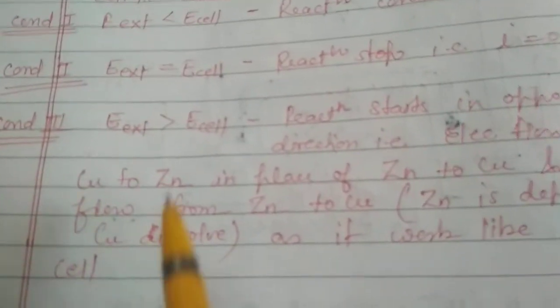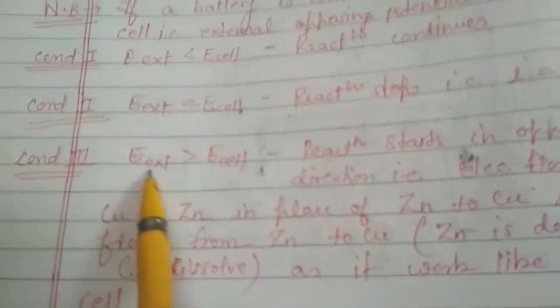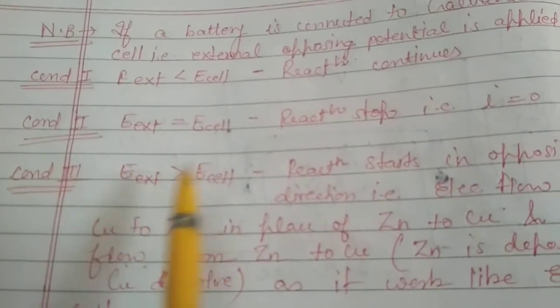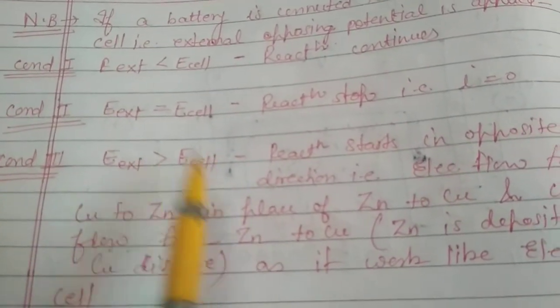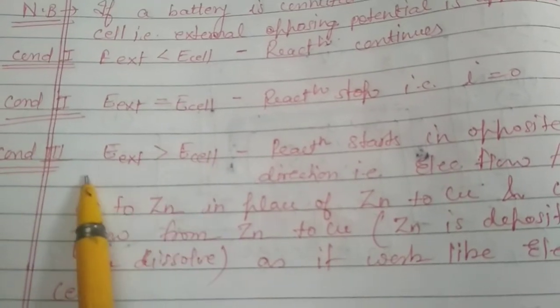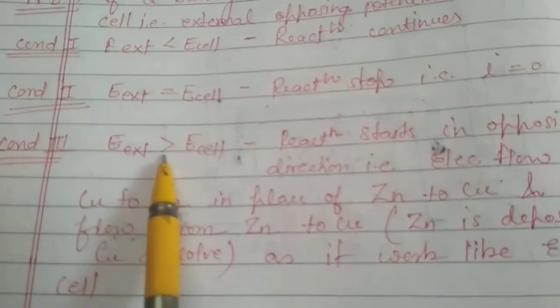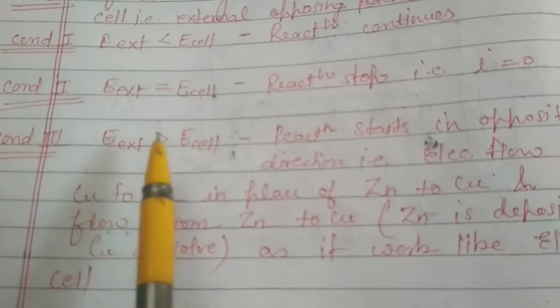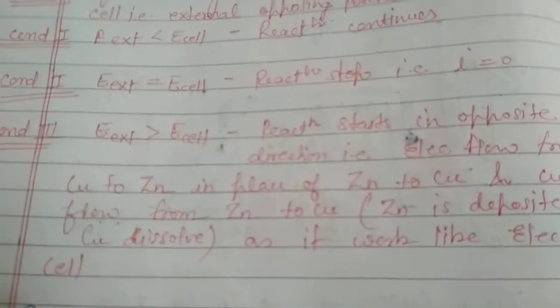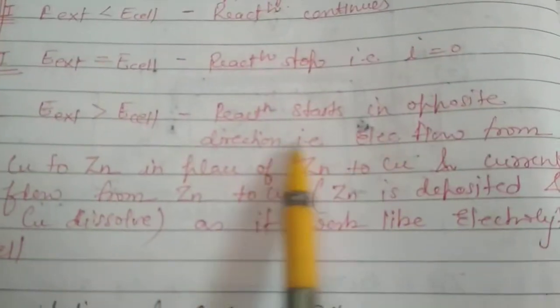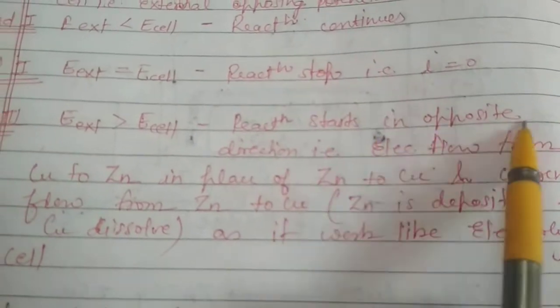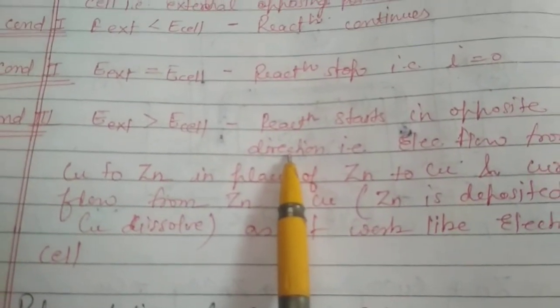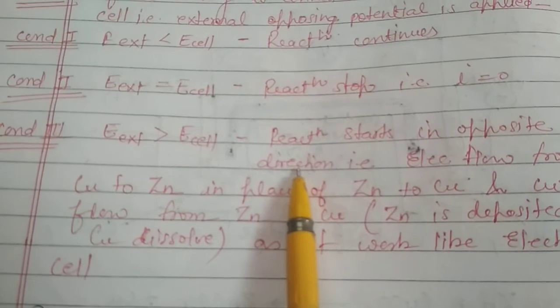The third condition is possible if we apply more potential than the cell potential. Then what will happen? Now the cell will start working like an electrolytic cell. It means the reaction starts in the opposite direction, as we have noticed in the electrolytic cell.